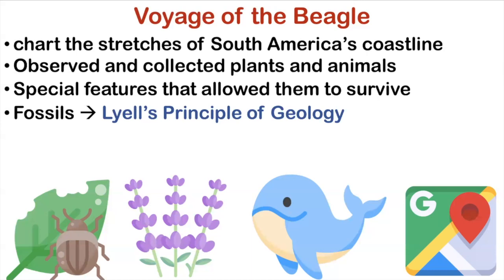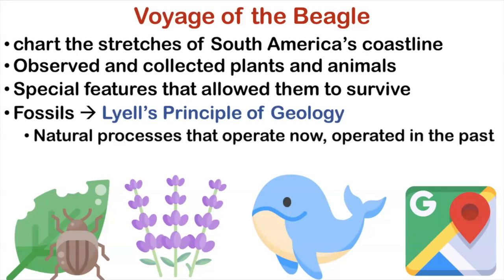Lyell's principle of geology proposed that natural processes that operate in the present have also operated in the past. This was in the first part of the video. This idea helped Darwin better understand how the fossils he discovered had come to be in South America.